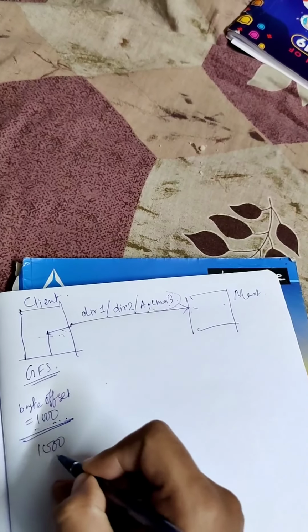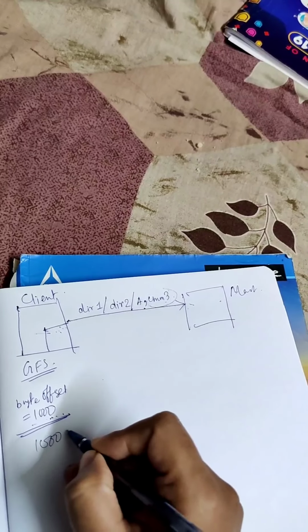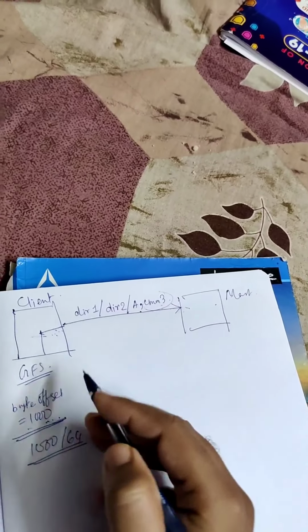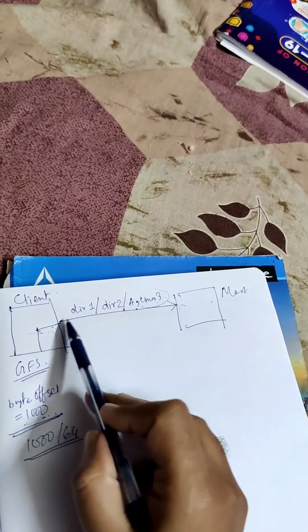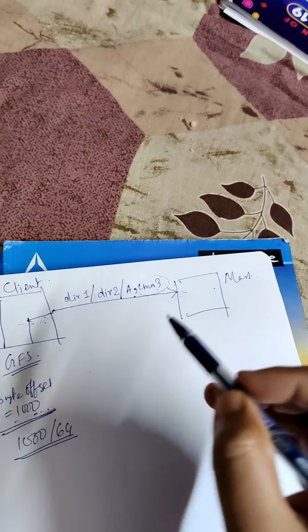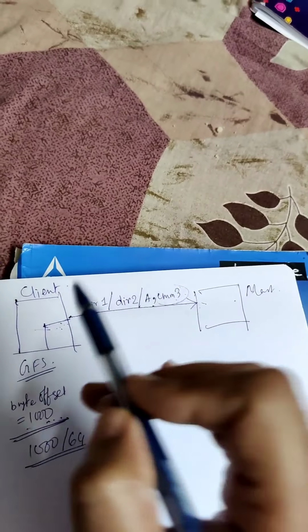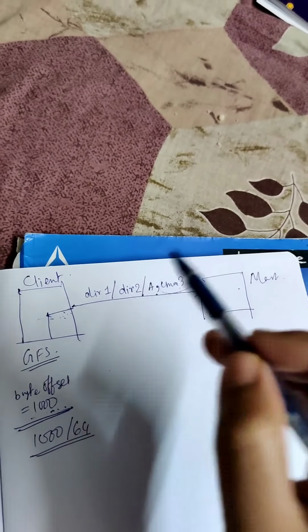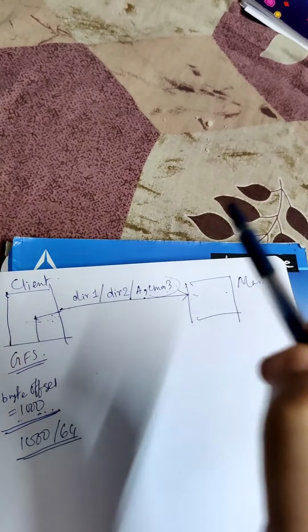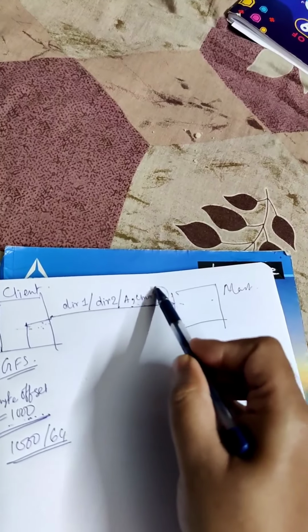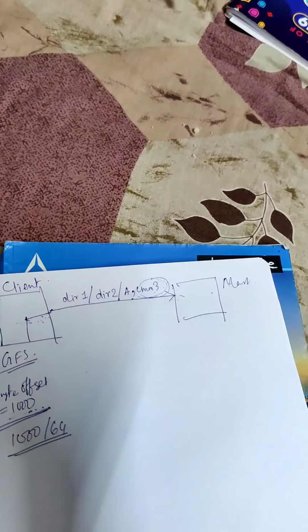So how does it do it? It's very simple, 1000 divided by 64. The result is going to be the chunk ID that it is requesting from the master. Now what does that mean, and what is this GFS expecting? GFS is expecting the exact location from the master, like which chunk servers this chunk ID resides in.